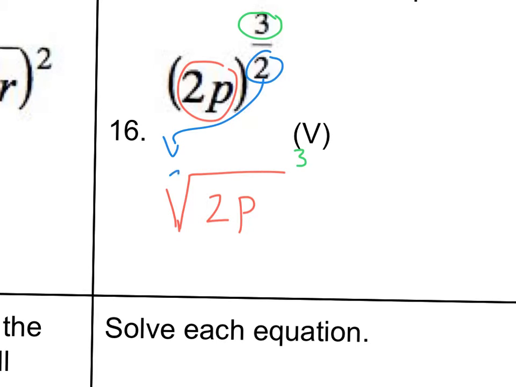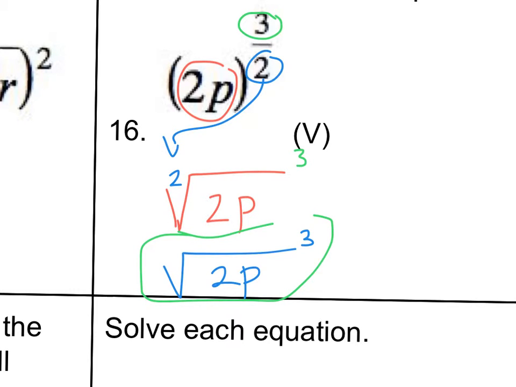Denominator of 2 means that this would be an index of 2. However, 2 would be a square root. So we've got the square root of p to the 3. And when we do that, you're good. You could also leave it with the index there. It doesn't really matter for square roots.